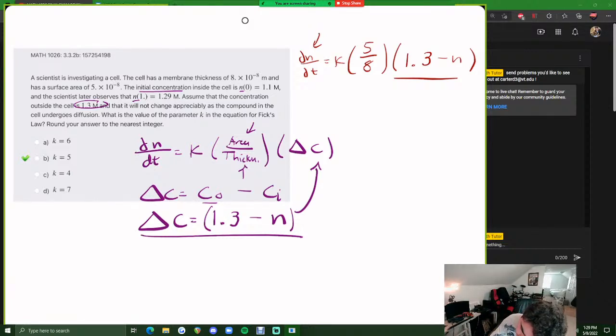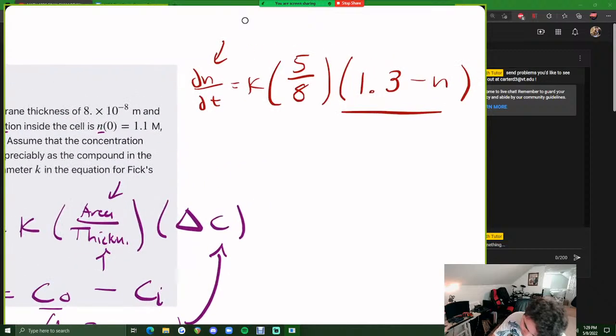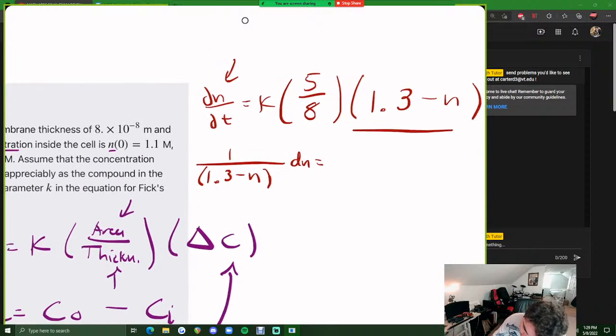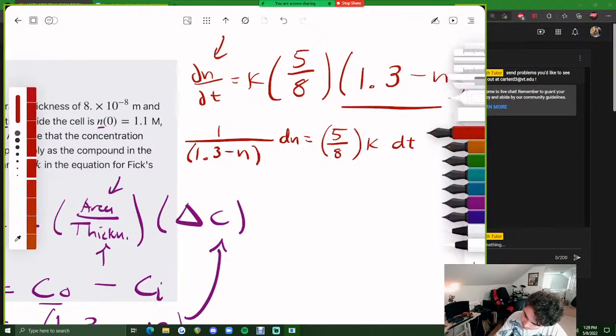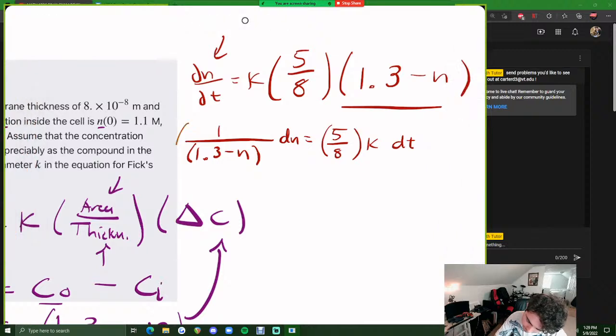So we're going to start by dividing by 1.3 minus N, leave the dN, and simultaneously multiply the dt to the right side. So we have this times dN, this times dt.